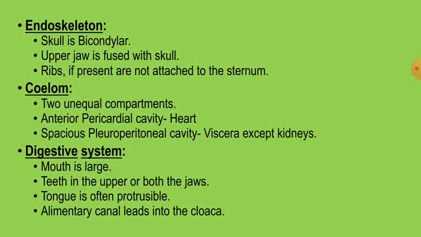Coming to the next, digestive system of amphibians. The mouth is usually large and armed with small teeth in the upper or both jaws. The tongue is protrusible.